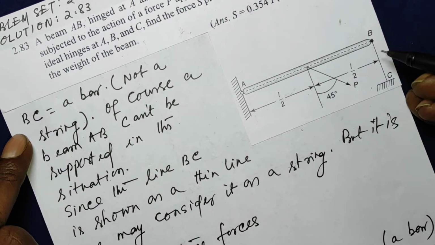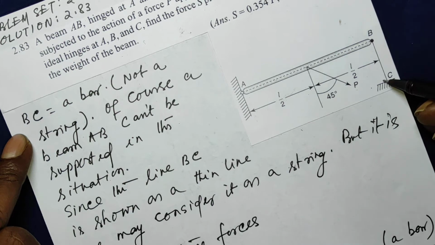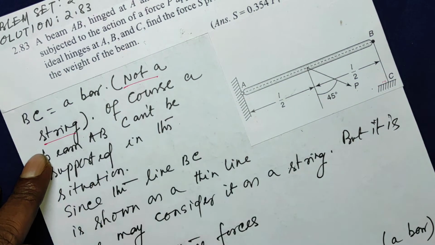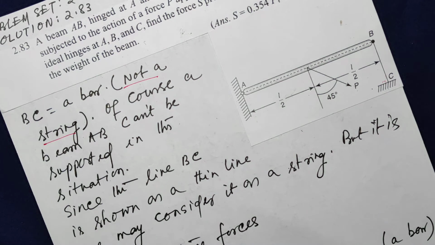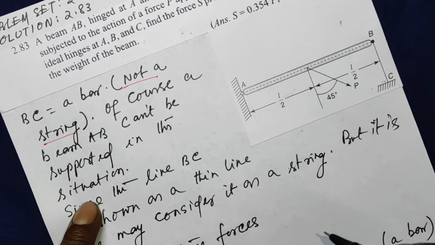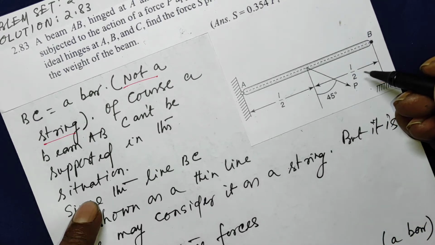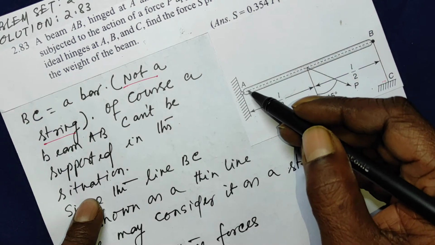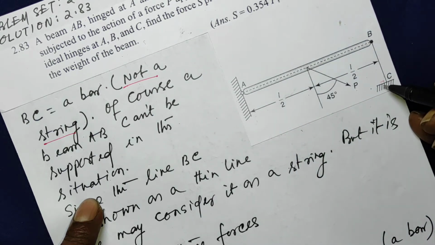BC is, as I just explained, a bar, not a string. Of course, a beam AB cannot be supported in this situation. If this is a string, the string cannot support a beam like this. So BC is a bar.